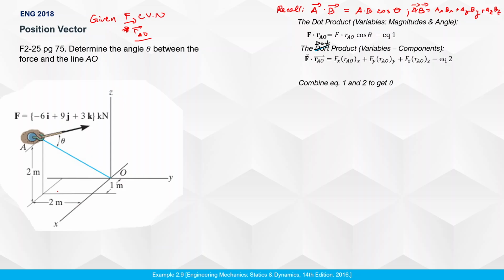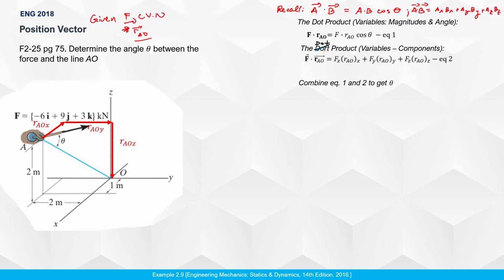So meron tayong 1 meter dito sa positive x-axis, 2 meters dito, nakatapat siya sa negative y-axis, and 2 meters dito naman. So far so good, nasa positive z-axis tayo. So ROX, alam natin papunta siya doon, so meron 1 meter, so ang head natin is 0, technically ang tail natin is 1 meter.